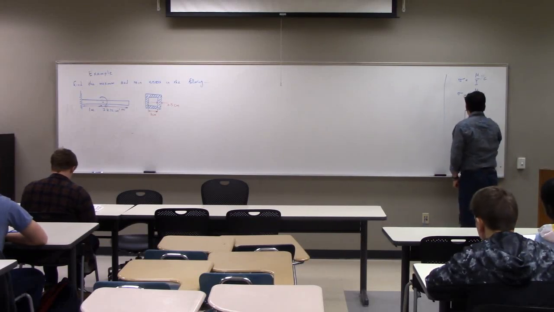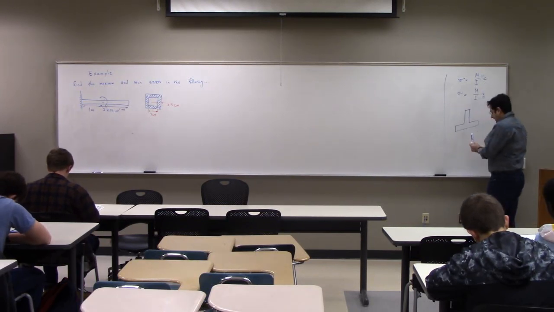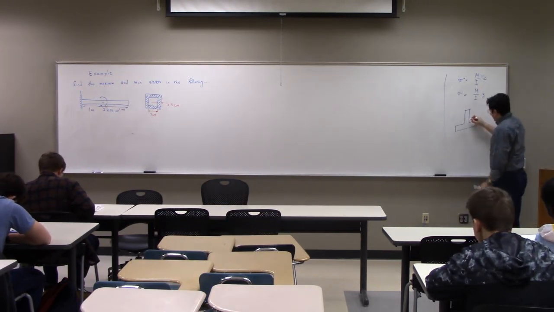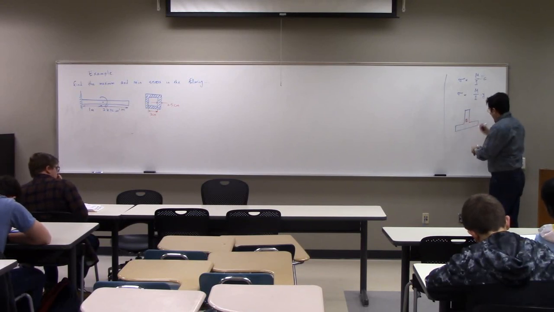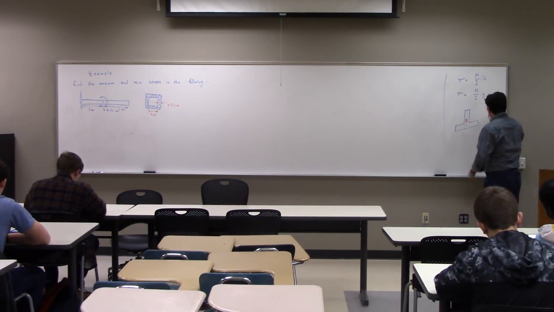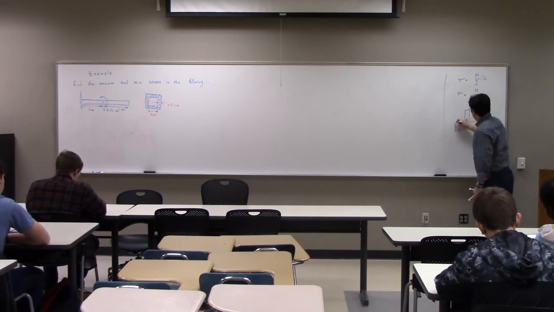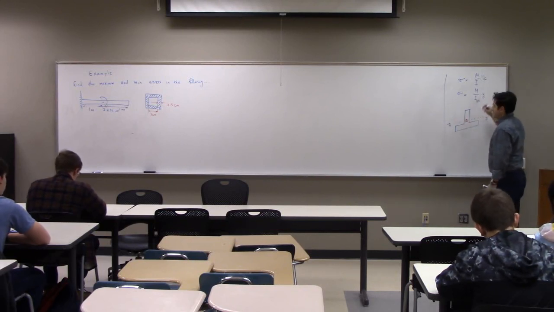Let's say this is your cross section. And then you have your centroid. So I show the centroid with this symbol. And an axis passes through the centroid. Let's call it, for example, Z. Let's call this axis Z. Therefore, this is I_Z.